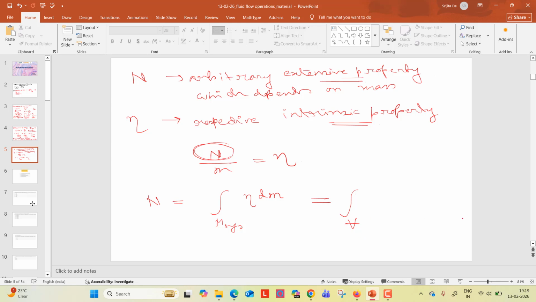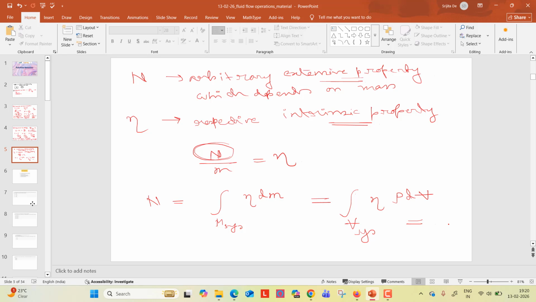So eta dm means eta rho dV. Volume can be changeable. Density is a property of a system which will not change over the area, so it is constant for the same system. So this is how we can represent it, right?